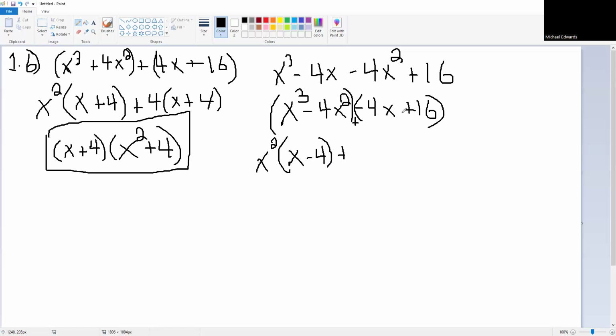And in this one, okay, so we have a negative sign. We need to pull out the negative 4. So that makes that x plus 4.